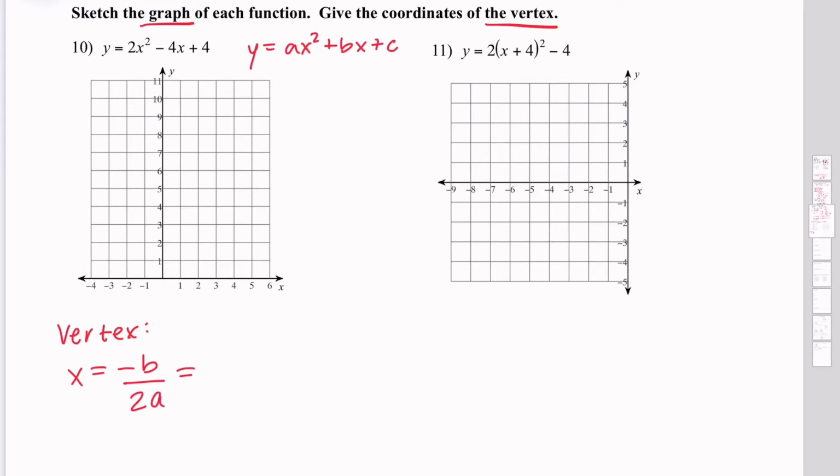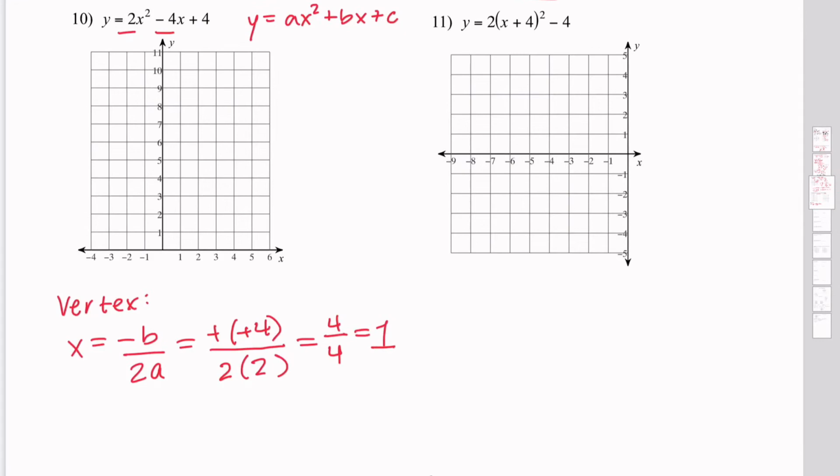Our b value is always in front of your x, which is -4, so we're going to put -4 in parentheses, so we can distribute the negative afterwards, all over 2 times your a value, which is in front of your x squared, and that's +2. We're going to further simplify. We have 4 as the numerator. 2 times 2 is 4. So the x value of your vertex will be 1.